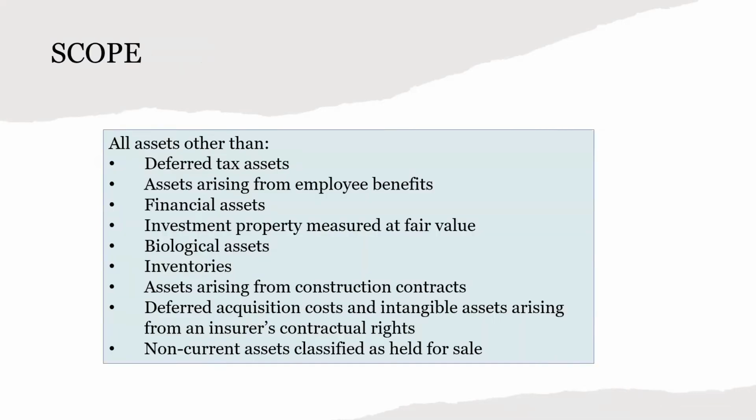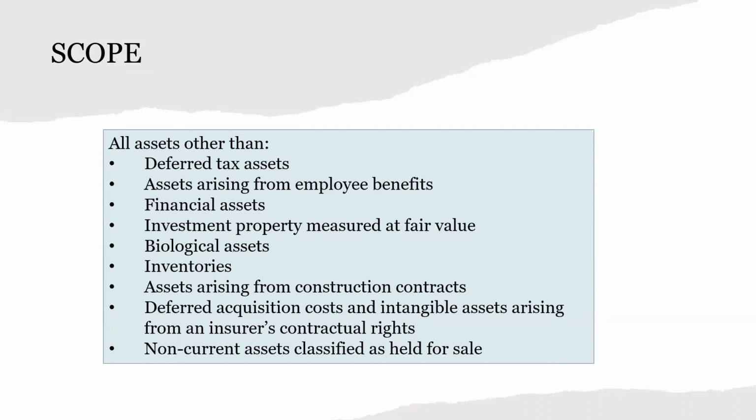So this scope covers all assets other than deferred tax assets, assets arising from employee benefits, and financial assets, which are not covered by this impairment of assets section. Also not covered are investment property measured at fair value, biological assets, assets arising from construction contracts, deferred acquisition costs and intangible assets arising from an insurer's contractual rights, and non-current assets classified as held for sale.